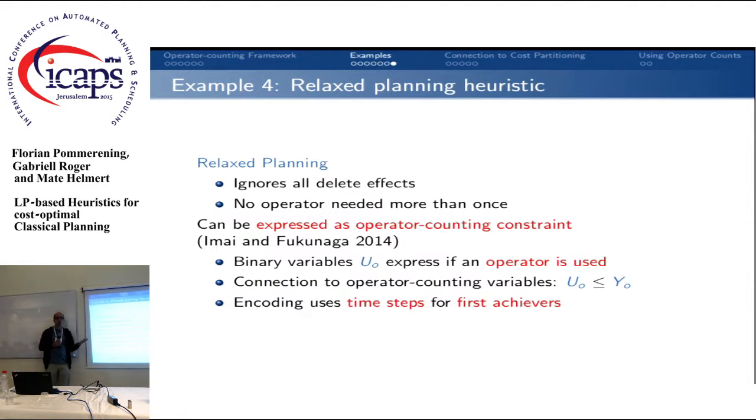We only need binary variables here because we don't need to count how often an operator is used, because there's no reason to use it more than once. But we can connect these binary variables to operator counts by adding additional constraints that just say if the operator is used at all, then the count must be at least 1.